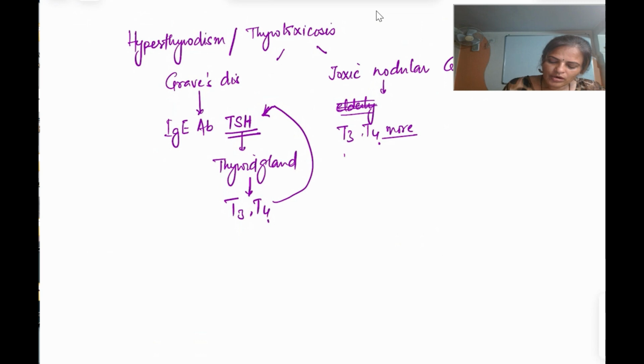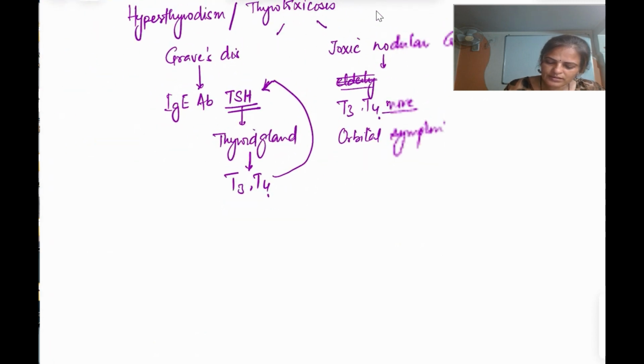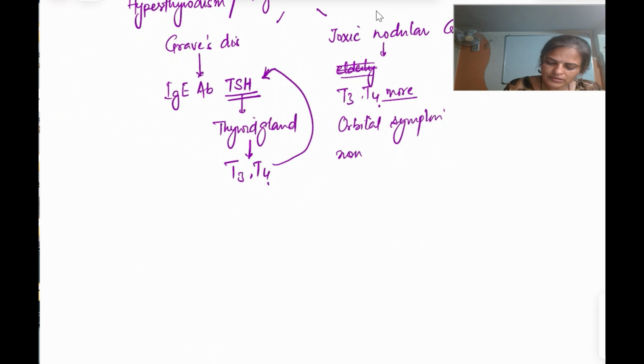And orbital symptoms, eye symptoms, are not there in this. The non-toxic goiter sometimes is changed into the toxic goiter.